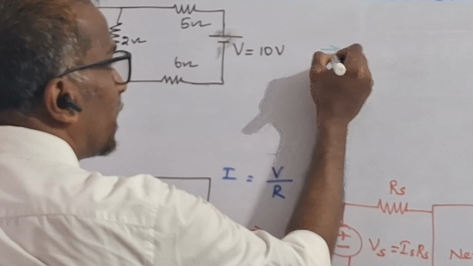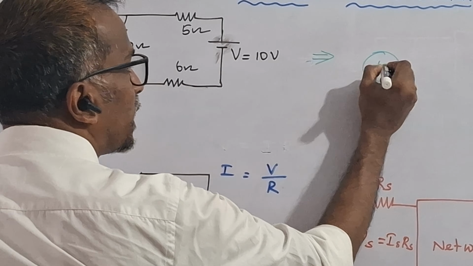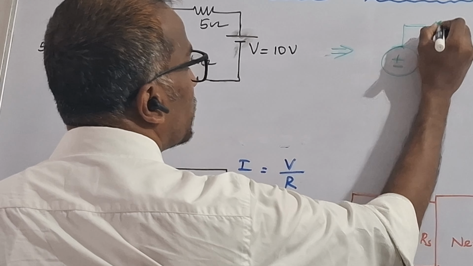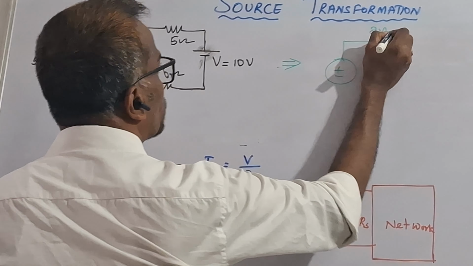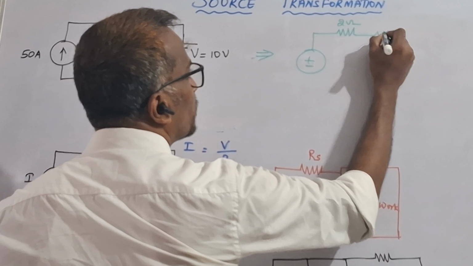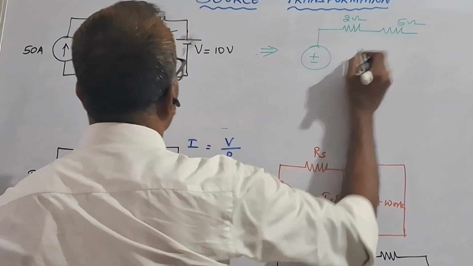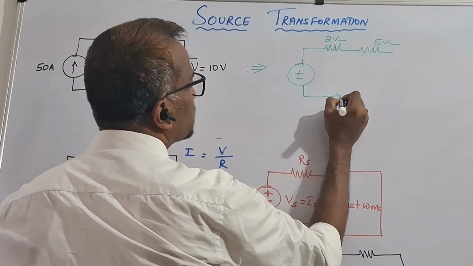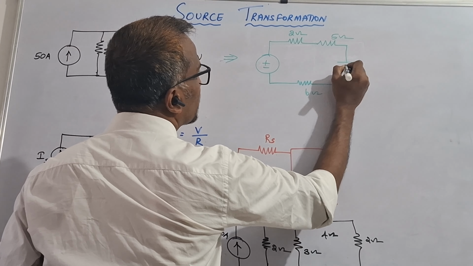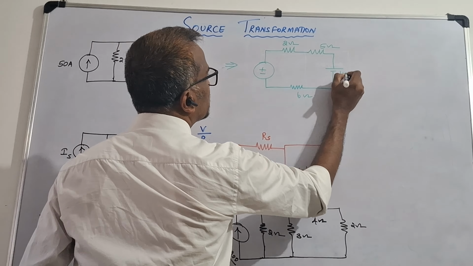Therefore we draw the supply voltage, positive and negative, with the 2 ohm resistance in series. Then the remaining 5 ohm, 6 ohm, and the supply voltage here, 10 volt.